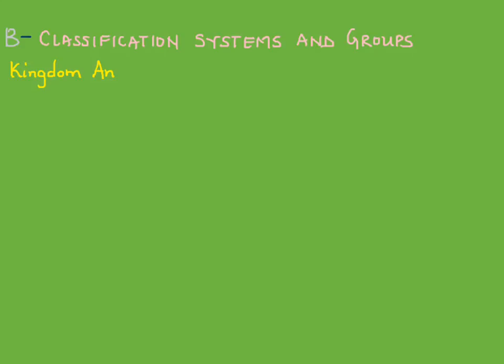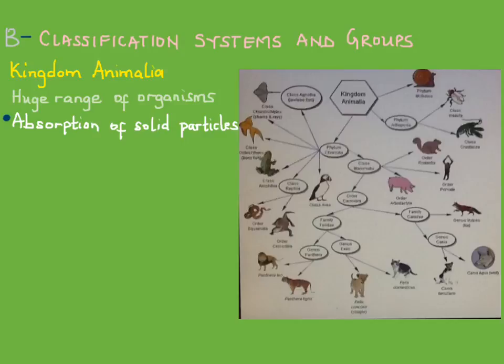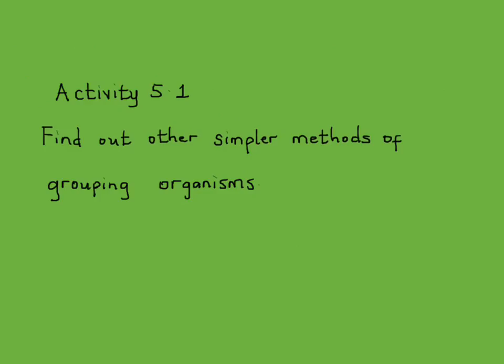Kingdom Animalia is a large kingdom consisting of a huge range of organisms. Animals obtain their food by various means, including the absorption of solid particles of both plant and animal origin. Find out other simpler methods of grouping organisms.